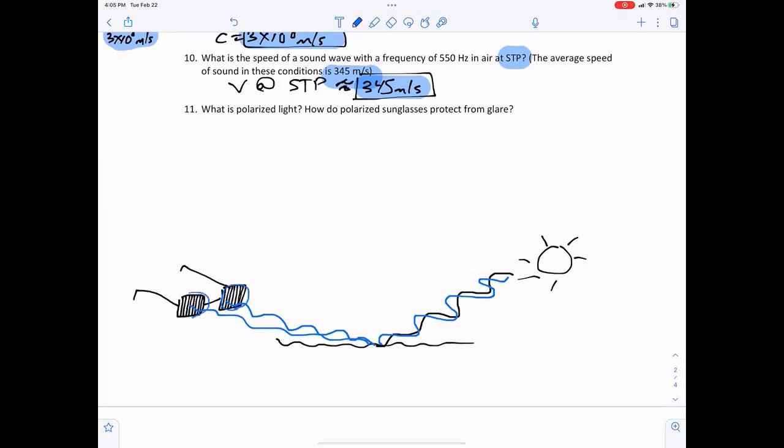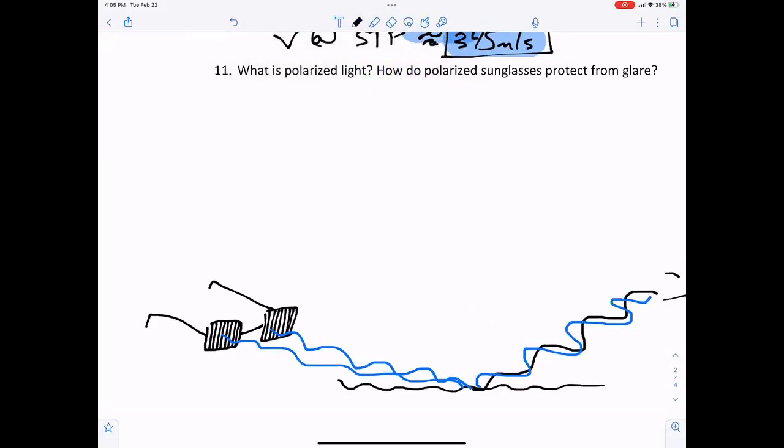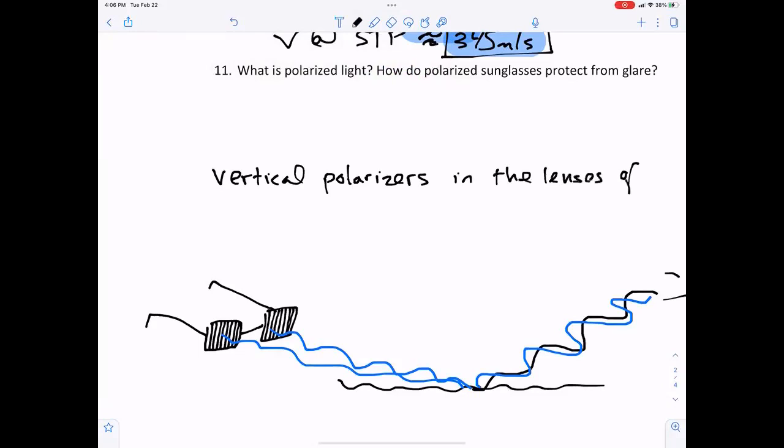Notice the filters in the sunglasses are vertical slits. What that means is the vertical polarizers in the lenses of sunglasses help to filter the glare.